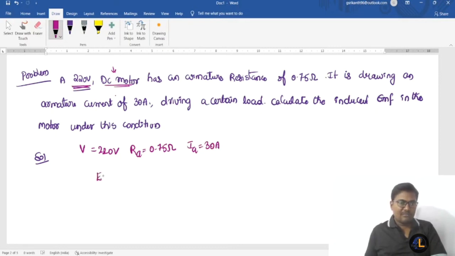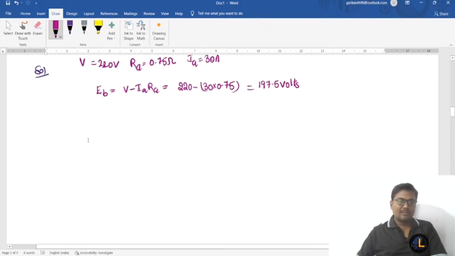Calculate the induced EMF: EB equals V minus IA RA, 220 minus 30 into 0.75. That should be equal to 197.5 volts. It's a very easy problem.